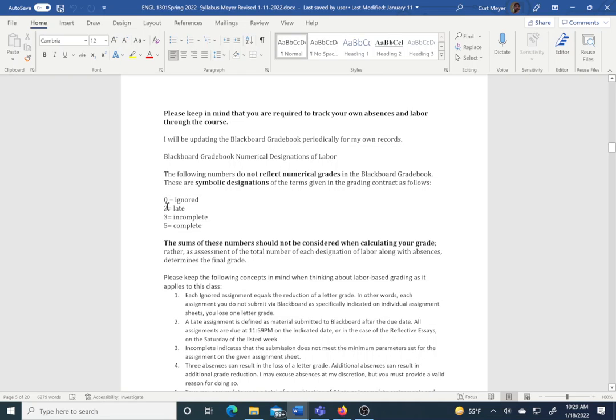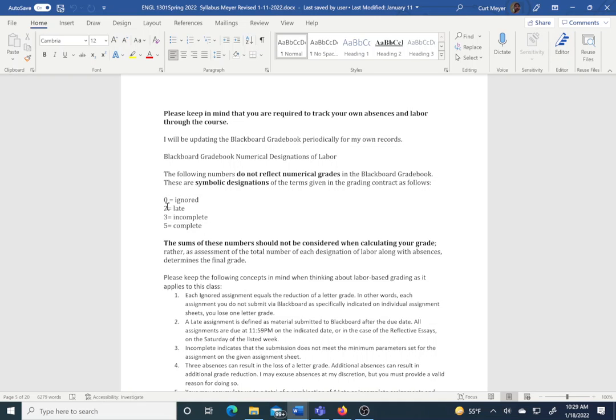So the key point here, and please understand this from the onset, is that you really need to turn everything in. If you turn everything in on time and complete, you will achieve an A in the course.